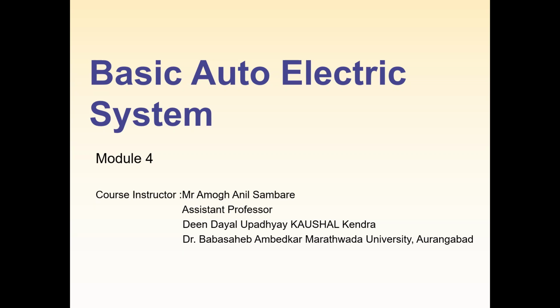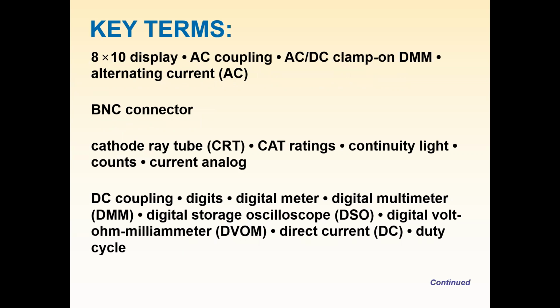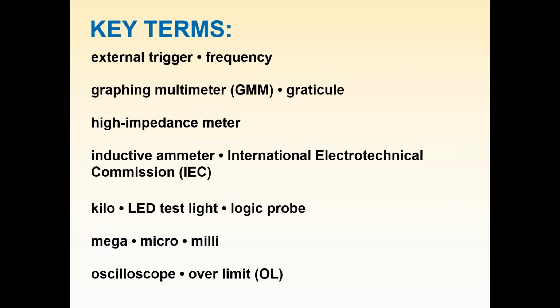Okay. Now, in module number 4, we are going to see the key terms such as display, AC coupling, DMM, that is digital multimeter, then BNC type connectors, cathode ray tube, CAT rating, continuity light, current analog, DC coupling, digital volt ohm milliammeter, DVOM, direct current, duty cycle, digital storage oscilloscope, DSO.